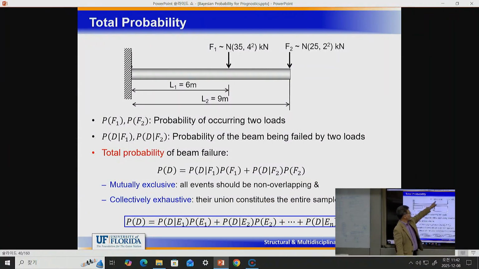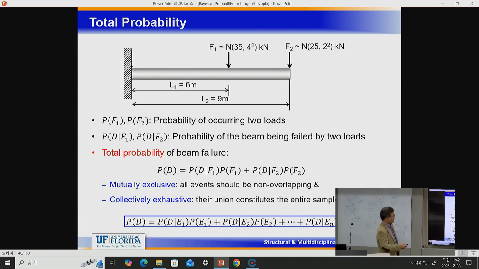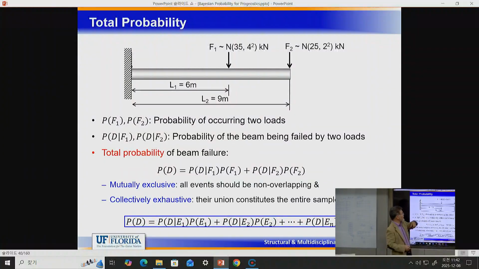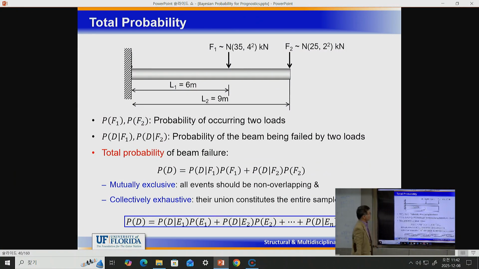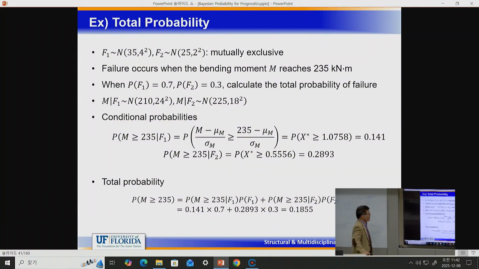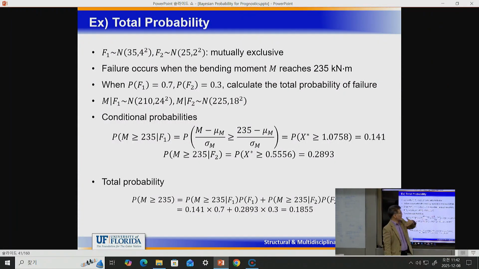So 35 times 6 is 210. For the standard deviation, it's 4 and the distance is 6, so it's 24, because the standard deviation of the moment is the standard deviation of the force times the distance. Same for F2: this is the mean times 9, and this is the standard deviation times 9.